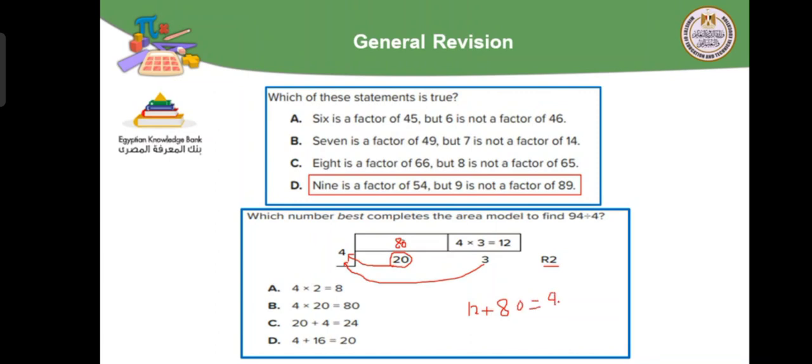Then 92 plus 2, because the remainder is 2, equals 94. So the correct choice is 4 by 20, number B.